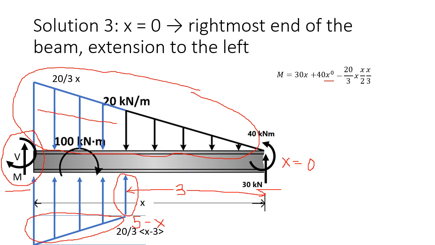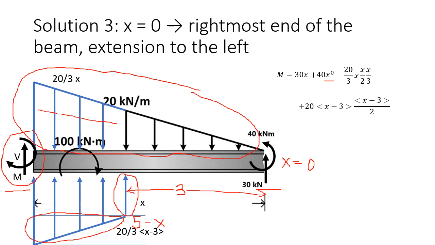And then for the triangle above the beam that is downwards, the height is 20 over 3x, base is x divided by 2, and then the moment arm is x over 3. This gives a negative bending moment because it gives you a clockwise movement about the section.